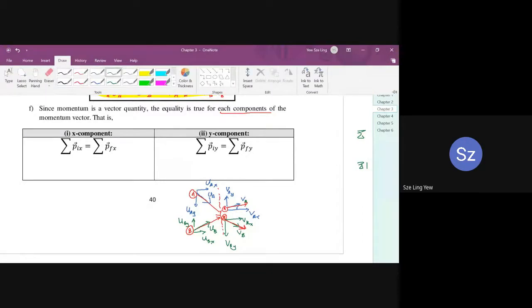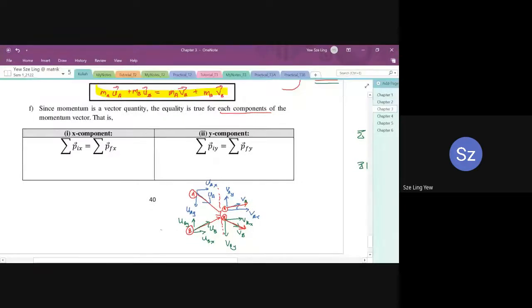So how are you going to write it in the equations then? For the X component, initial PI along the X component means you only look at the X component of each object. You're not looking at what happens to the Y component.